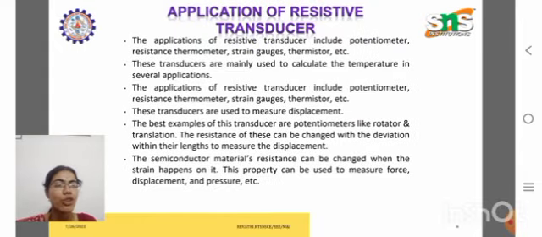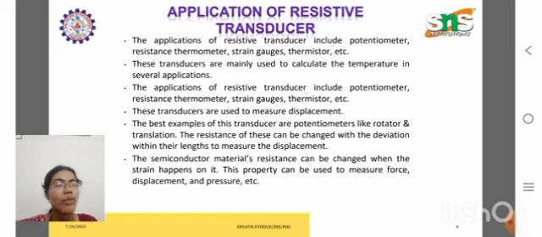Some applications of resistive transducers include potentiometer, resistance thermometer, strain gauges, thermistor, etc. These transducers are mainly used to measure temperature in several applications.